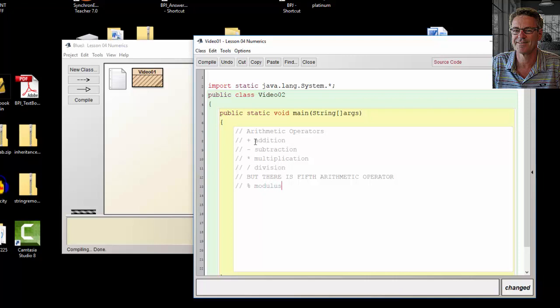Modulus. Okay? When you mastered long division back around 5th grade, you mastered getting quotients and remainders.